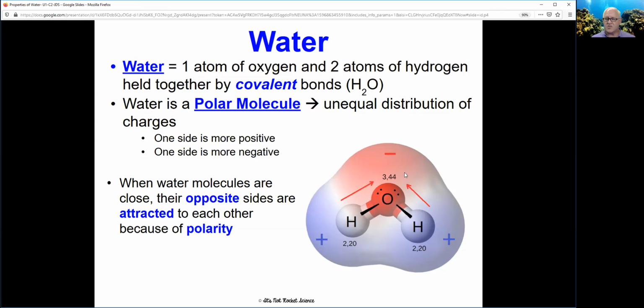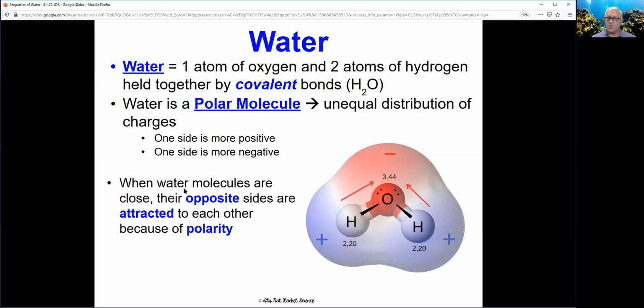What that means is when the water molecules are close together, their opposite sides are attracted to each other because of polarity. That's how you can put your finger into a glass of water, because you're moving apart those water molecules and separating them, and then they're attracted back to each other.